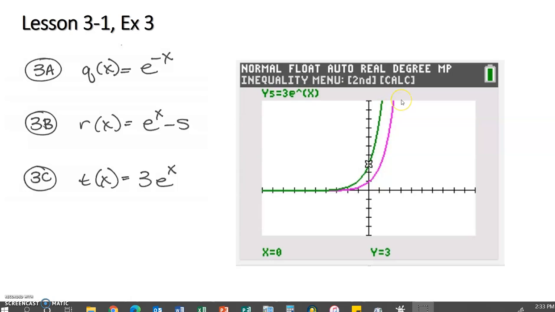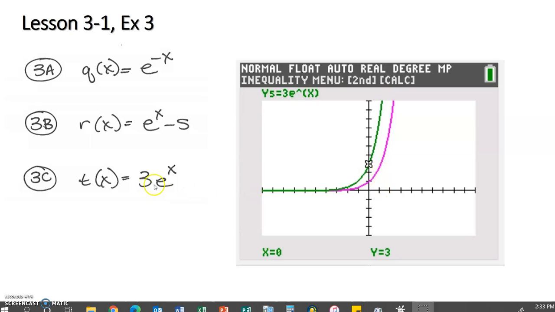What happens if I take the 3 on the outside? Well, by now, the pattern, I hope you're seeing it: when this a value is greater than 1, think back to some previous lessons in chapter 2, I am going to elevate the output. So if I were to plug in 1 to e to the x, there's my natural base right there, about 2.71. But what happens if I put a 3 out there?